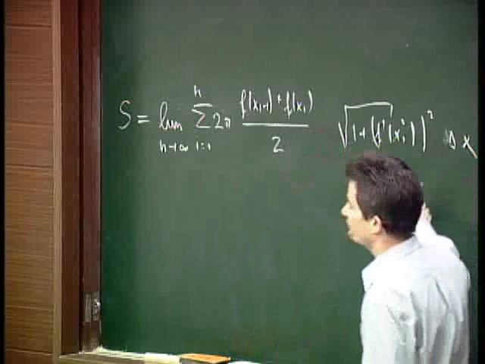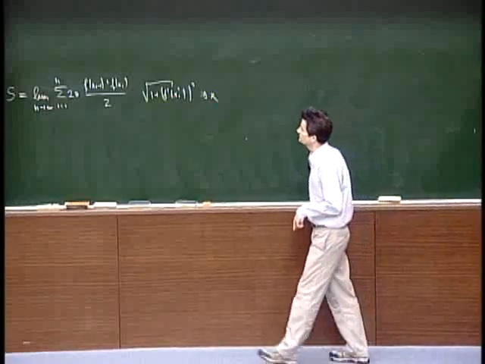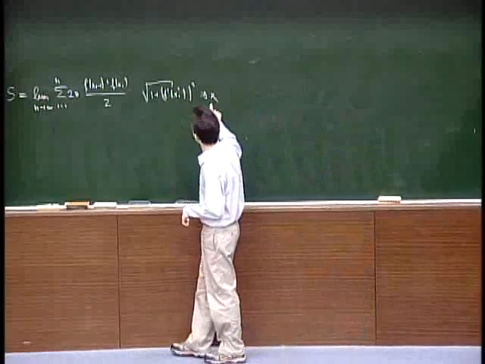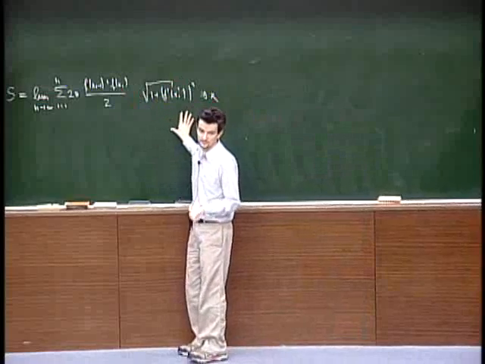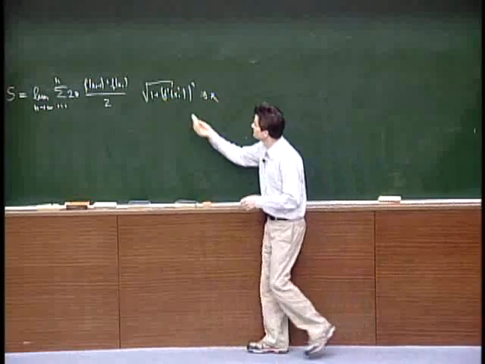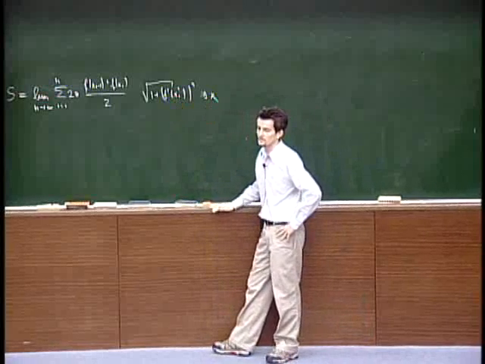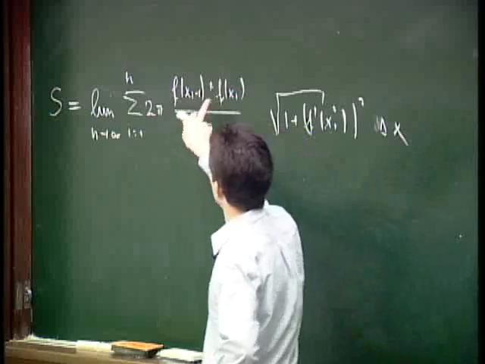Now you see that, unfortunately, this does not look like a Riemann sum. You have the delta x, but this is not some function evaluated at some sample point. But this sample point which comes out from the mean value theorem is sandwiched between x_{i-1} and x_i.